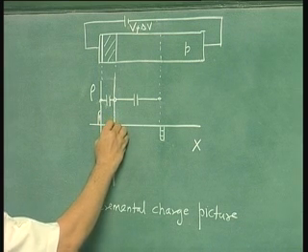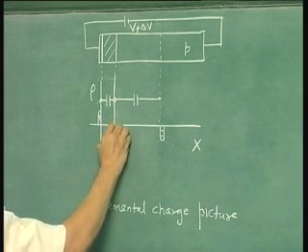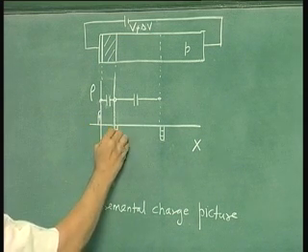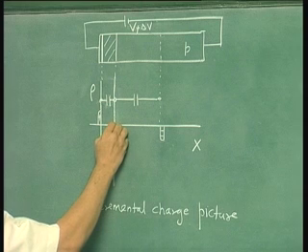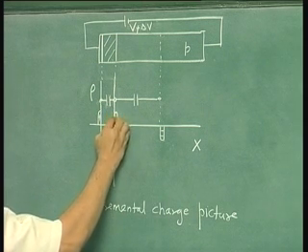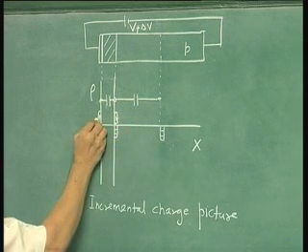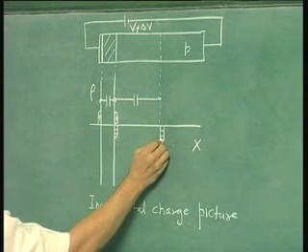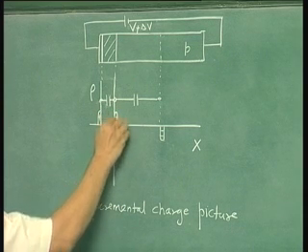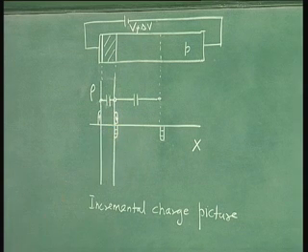Supposing you introduce at the interface a negative charge equal to the positive charge here, and you also superimpose on this negative charge a positive charge which is equal to the magnitude of this negative charge. Now these two charges are equal, therefore in effect we have not introduced any charge, because this plus this is 0.